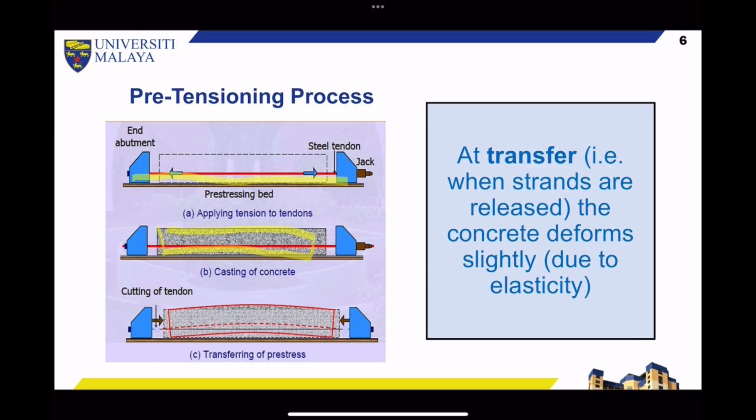After the concrete has reached its required minimum strength, then the cables are cut and the prestressing force is effectively transferred to the member. But the member will deform slightly. In the case of a concrete beam, it will deform ever so slightly due to its elasticity. And this deformation causes the reduction in prestress.